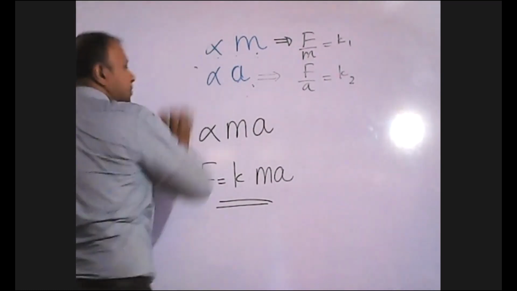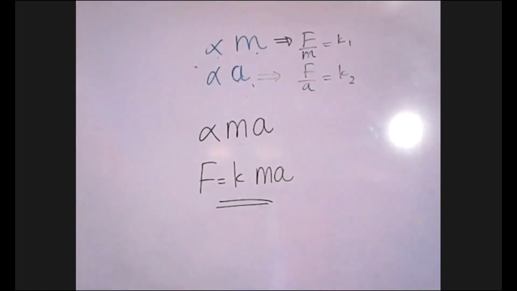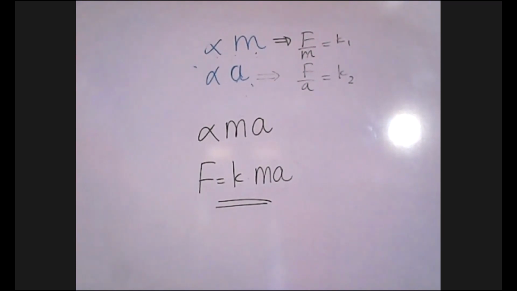Excuse me, sir. In that first line, F is proportional to M indirectly, no? Shouldn't M be under, like, 1 over M?